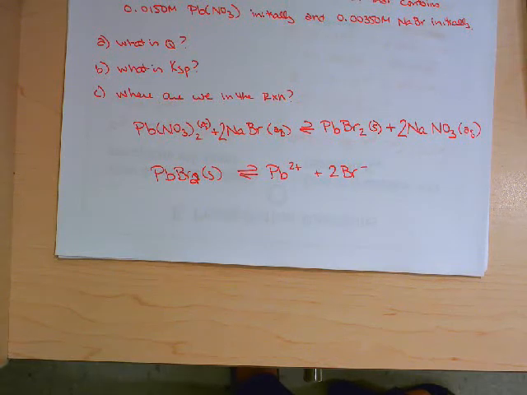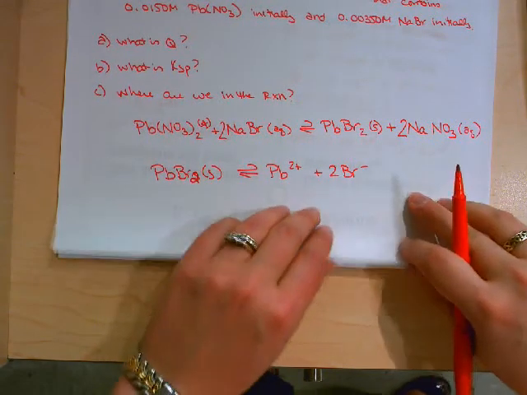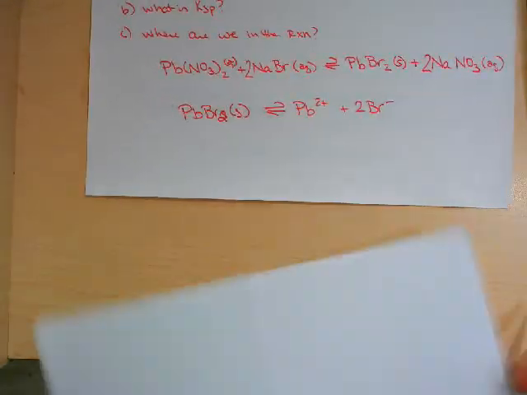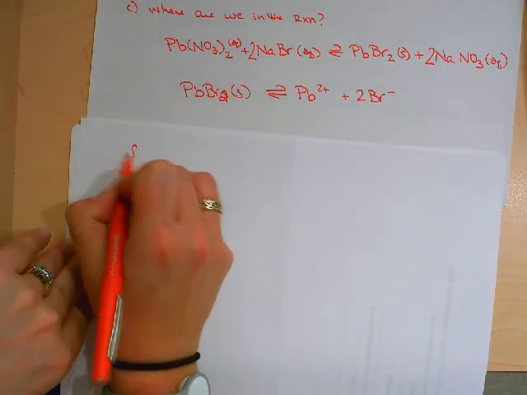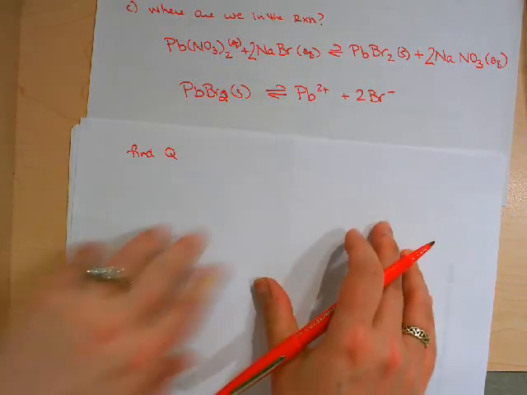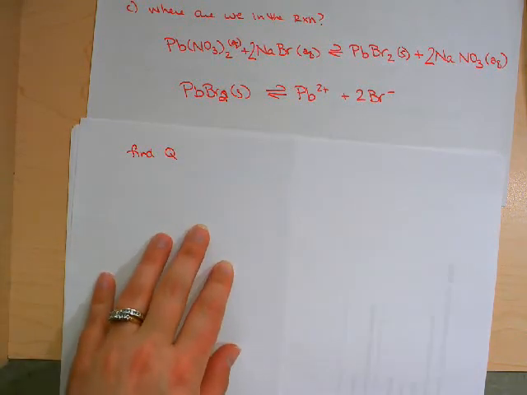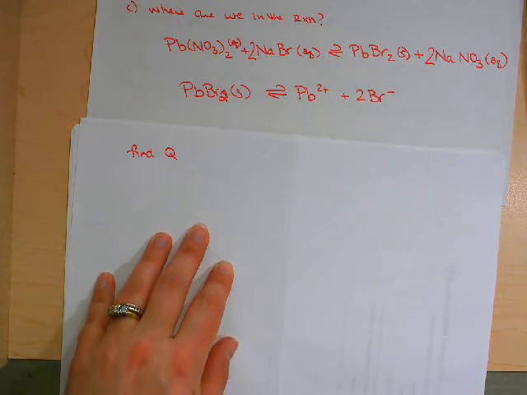Alright, do you want to do Q first or KSP? Q? Okay. If I do Q first, do I do an ICE chart in order to find Q? No, right? Because Q is anywhere but equilibrium.